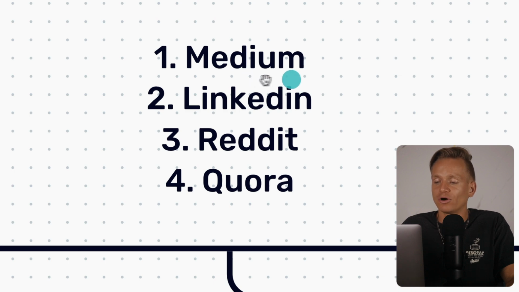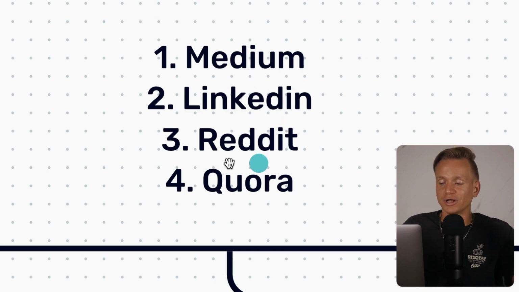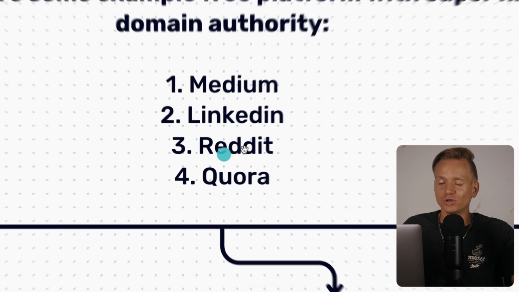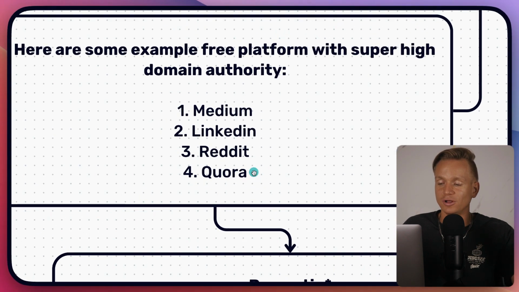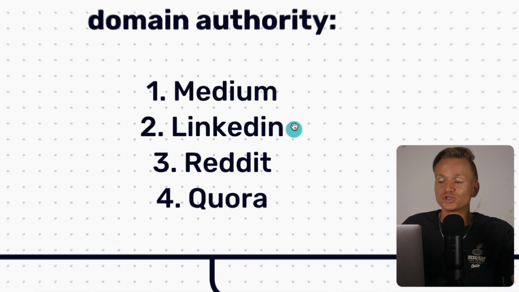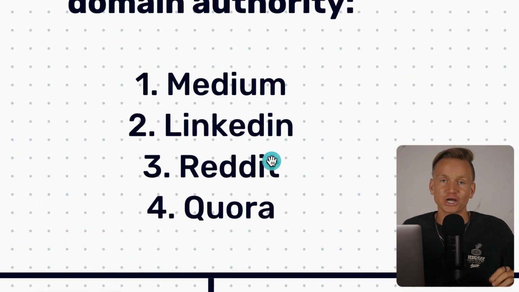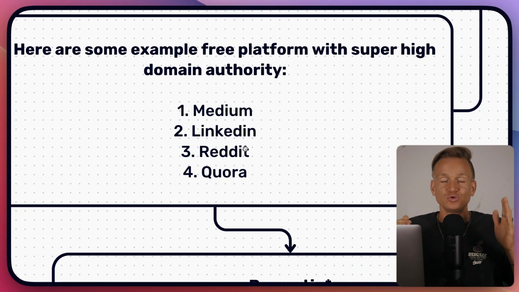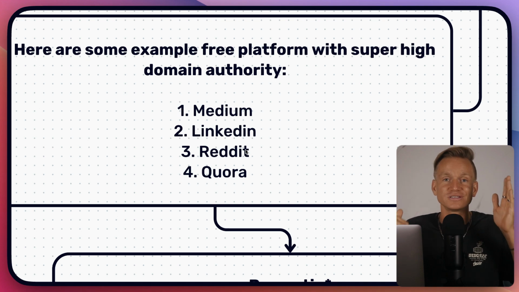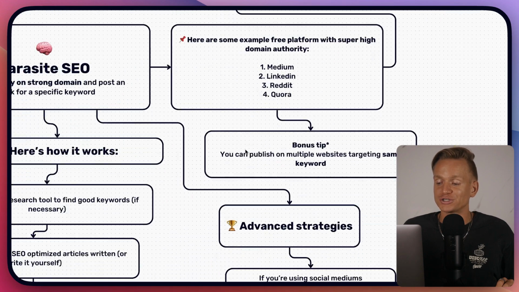You can do that on Medium, on LinkedIn, on Reddit, on Quora, and by the way, there are some strategies you can use on Reddit and Quora specifically as well. Now, instead of one chance, you have 2, 3 or 4 chances to rank. You might as well rank on all four mediums, and basically half of the first Google page is just you ranking.